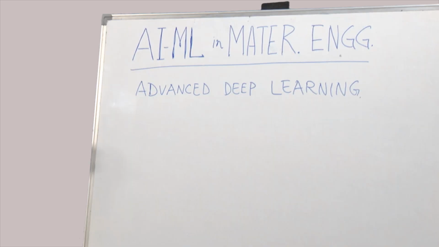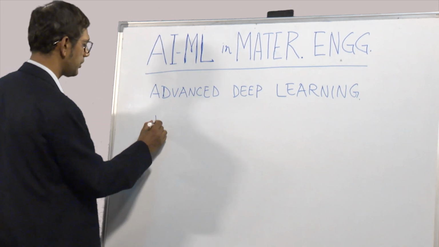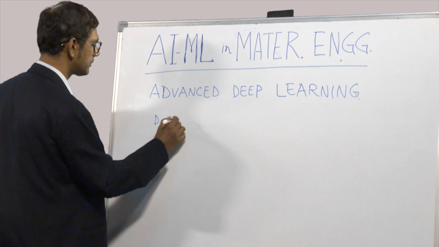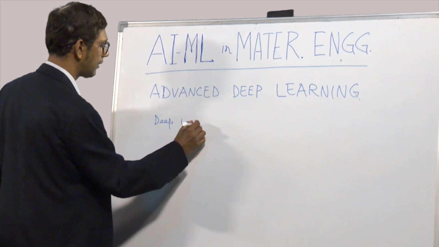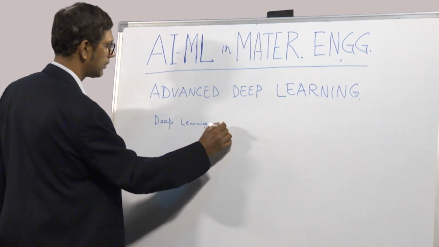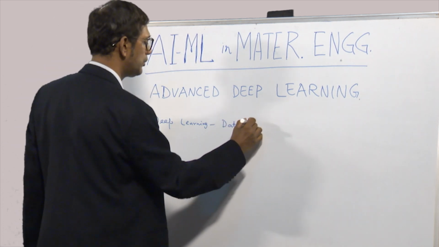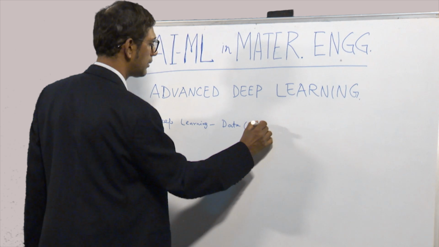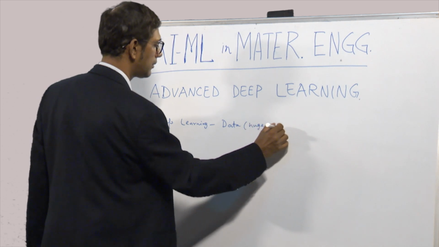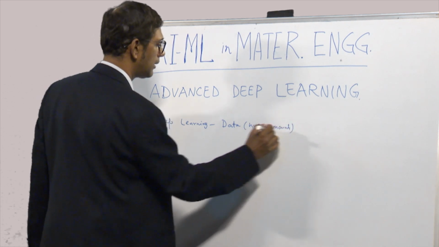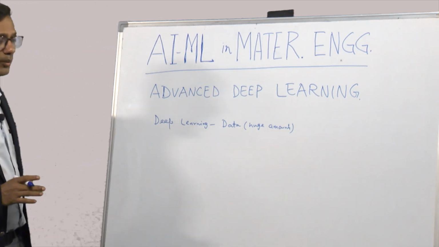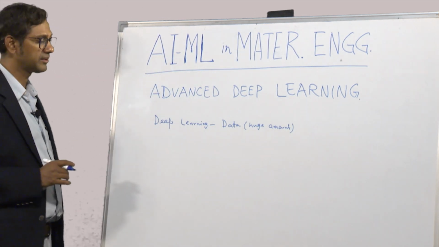As you understand, data is the most important thing for any kind of deep learning model. As you have seen, deep learning requires a lot of data, I would say a huge amount of data. Otherwise, deep learning will not provide you good predictions.